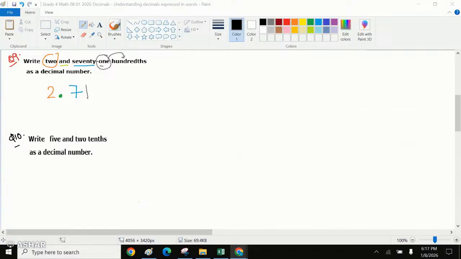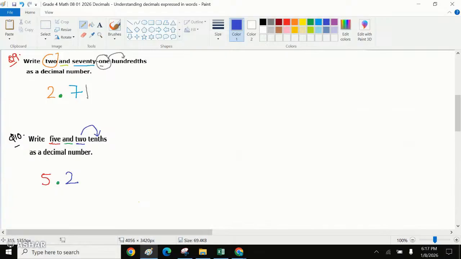Thank you everyone for answering. Your answer is correct, 2.71. How can we write 5 and 2 tenths? So we know 5 is the unit part and gives us the decimal. There is 2 tenths, right? Yes, 5.2 is our given answer.